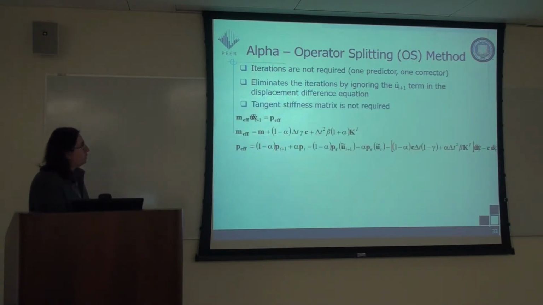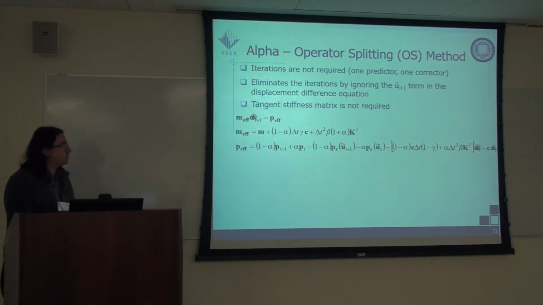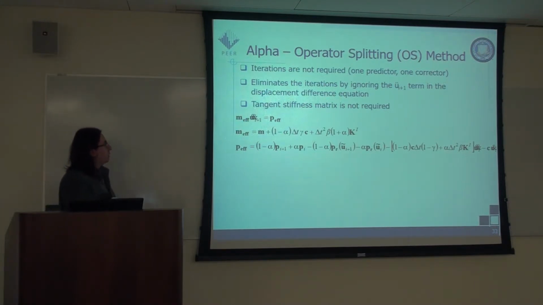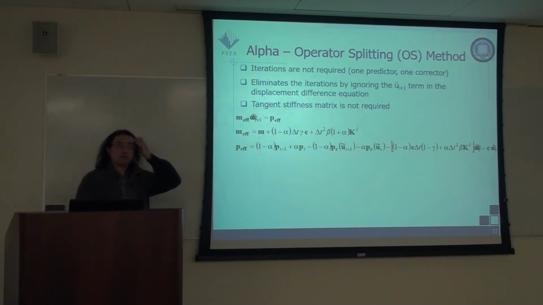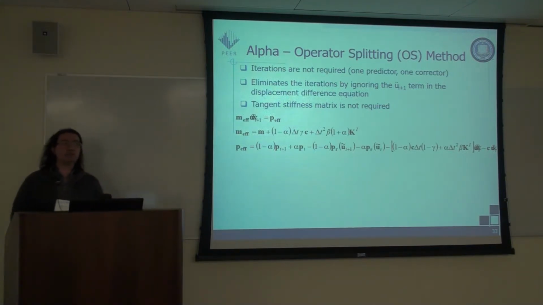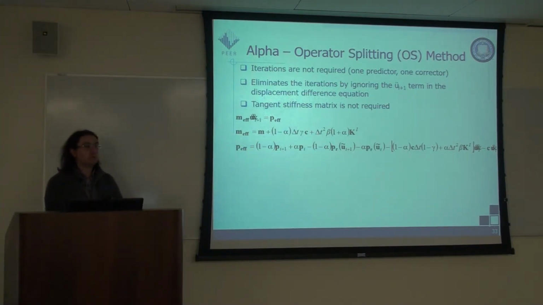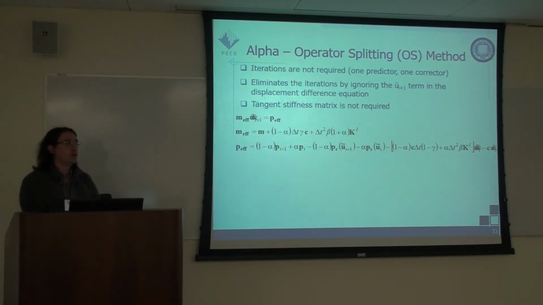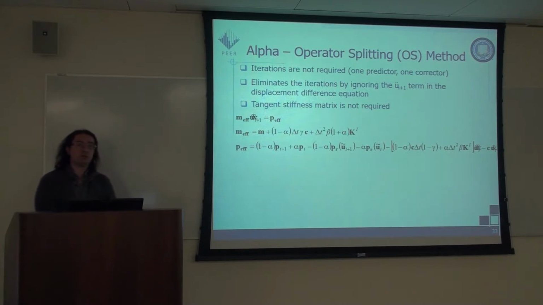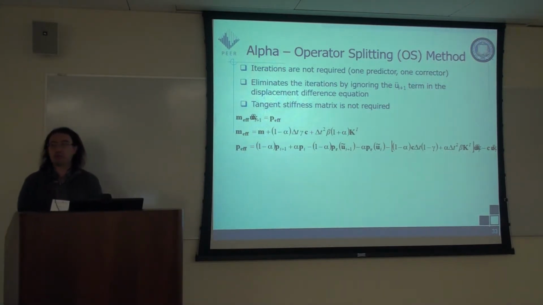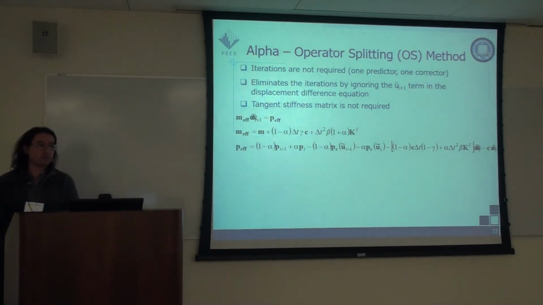And here we don't need the tangent stiffness matrix in the coefficient matrix or anywhere else in the algorithm. This is also a great advantage because it's generally difficult to identify the tangent stiffness matrix for experimental substructures, especially when there are multiple degrees of freedom.